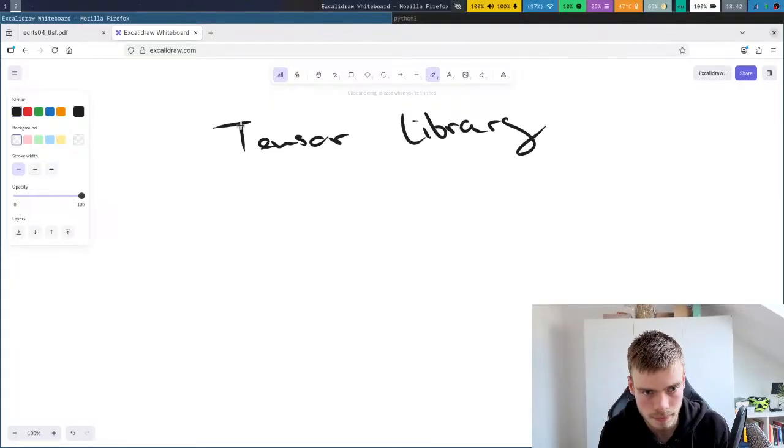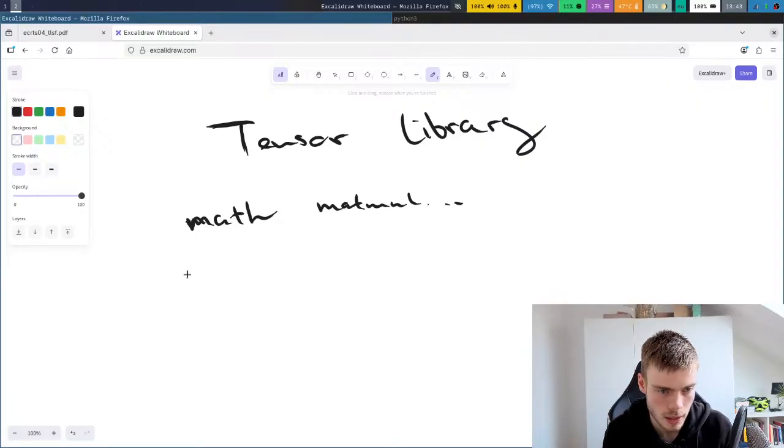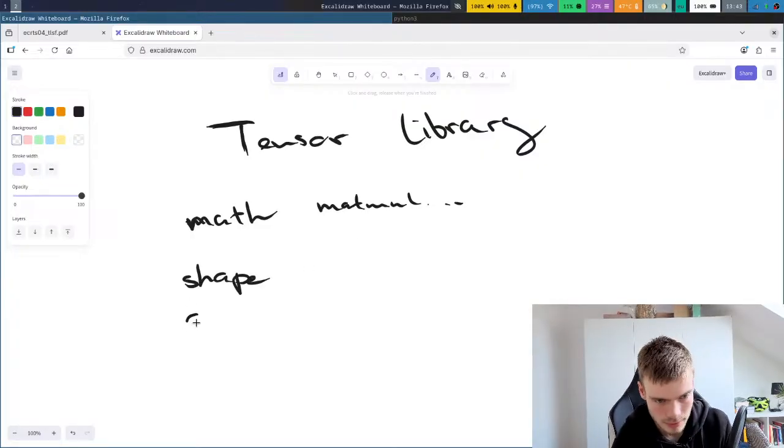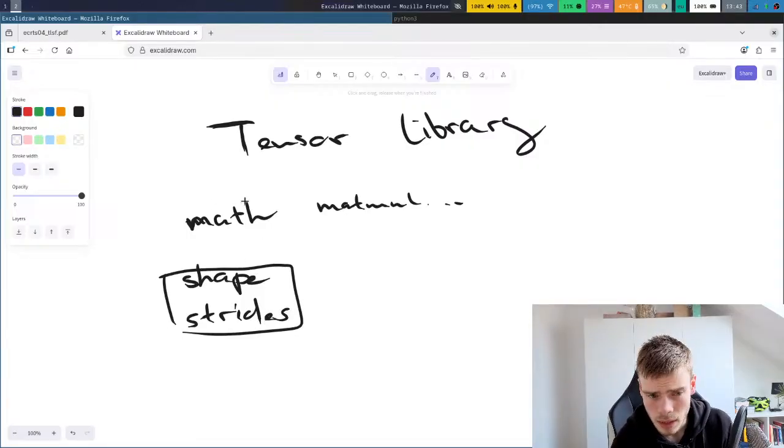This tensor library has some functionality for math, for matmul, and so on. It has ways to reshape or change strides, like change the shape of the tensor.